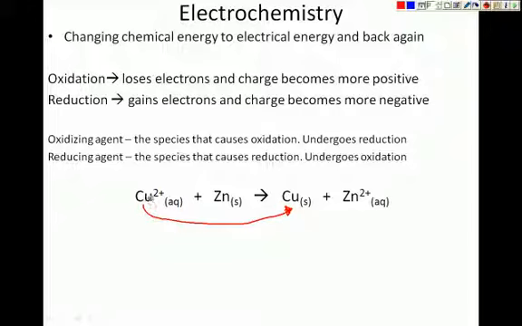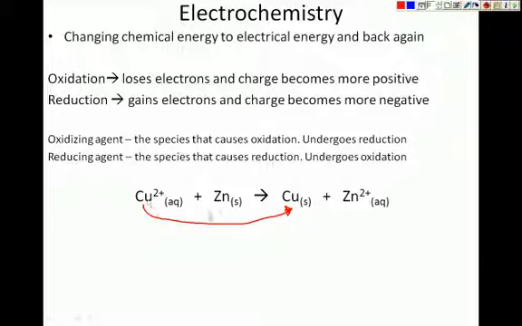So it's at Cu2+, and then it gains 2 electrons in order to become Cu solid. So it gains 2 electrons, and before it's very, very positive, and now it's neutral. So it's become more negative. Okay, it went from 2+ to a neutral species.